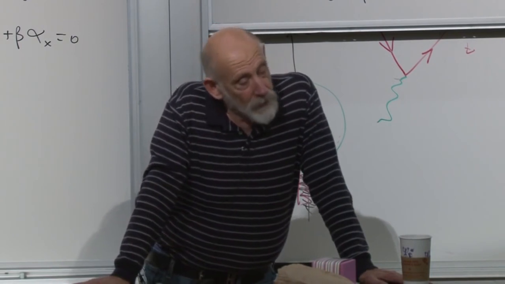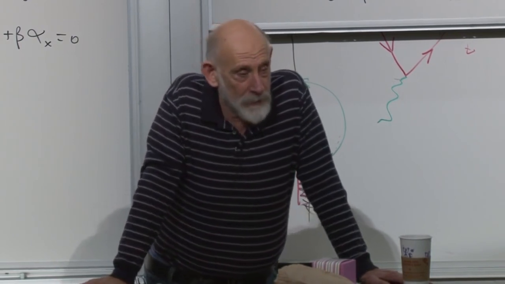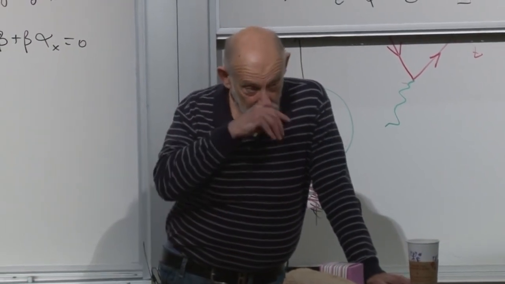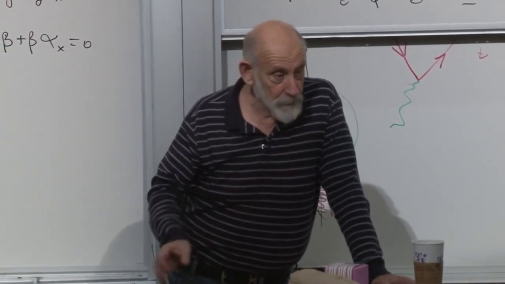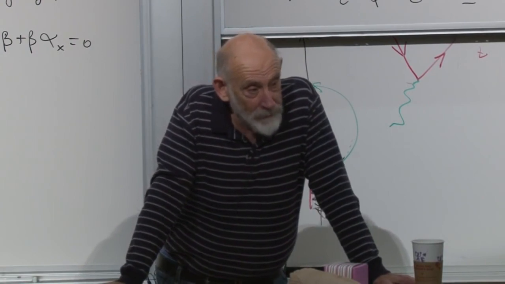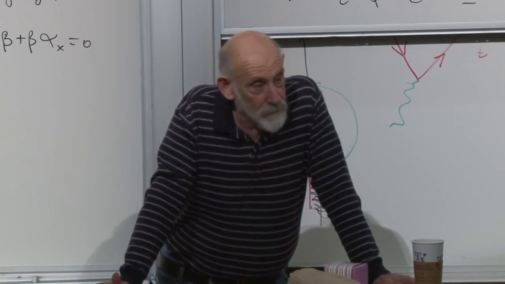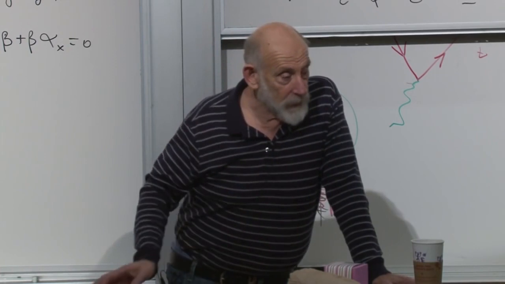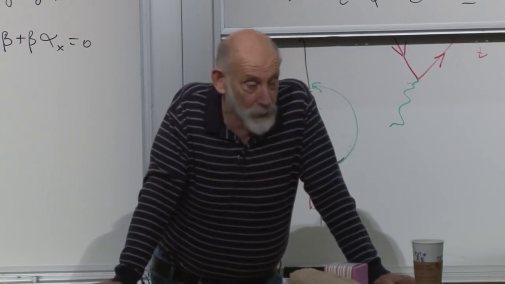Photons you don't usually think of as filling up a Dirac sea, but they also contribute vacuum energy: a half h bar omega for every oscillating mode of the electromagnetic field, and that's also infinite.